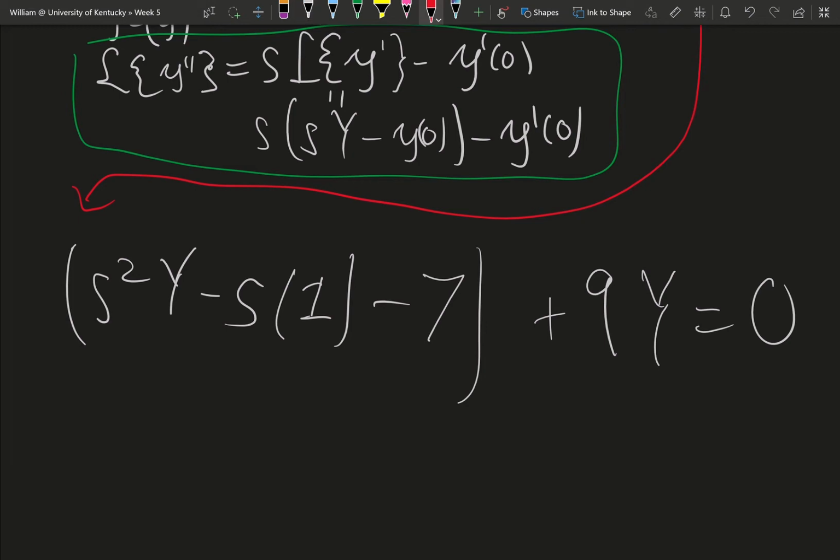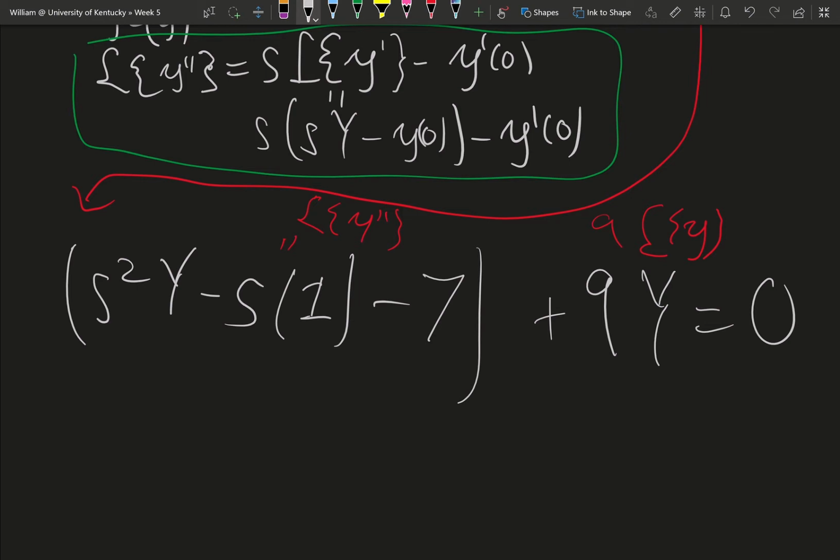Right, so remember, this is the Laplace transform of y double prime, and then we have 9 times the Laplace transform of y. Okay.